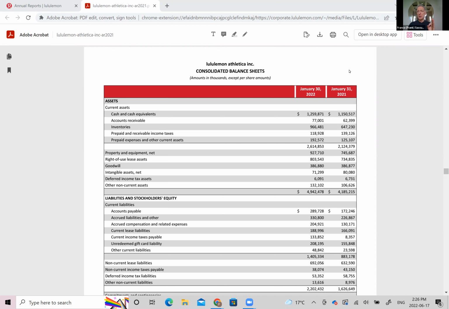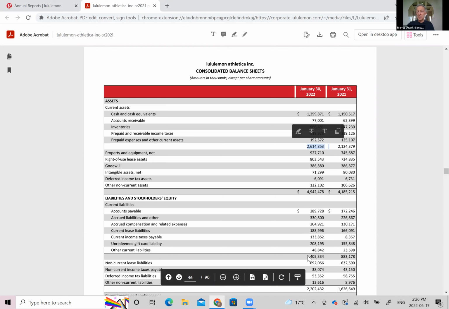It deals with liquidity. The current ratio has you take your current assets and divide it by your current liabilities. And here we're just going to look at, again, the current liabilities right in here and your current assets right in here.